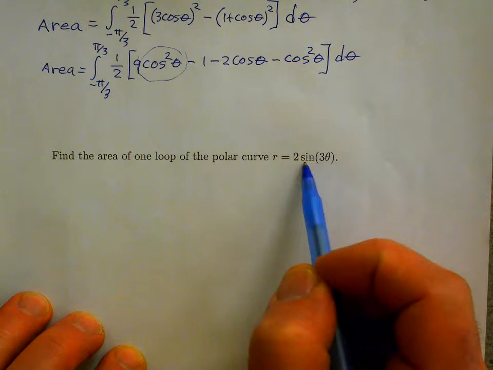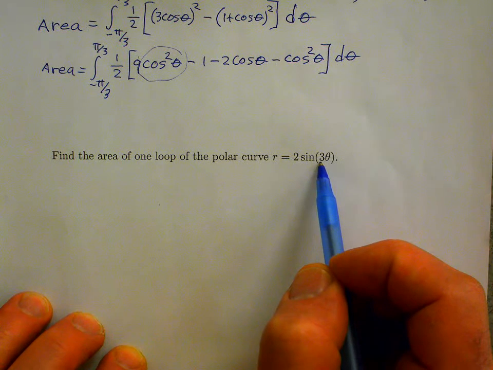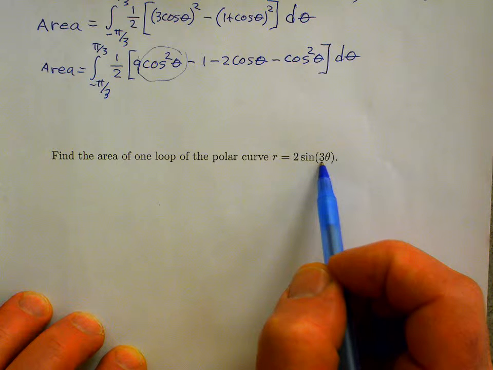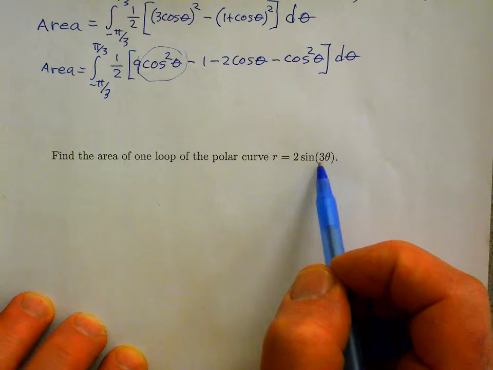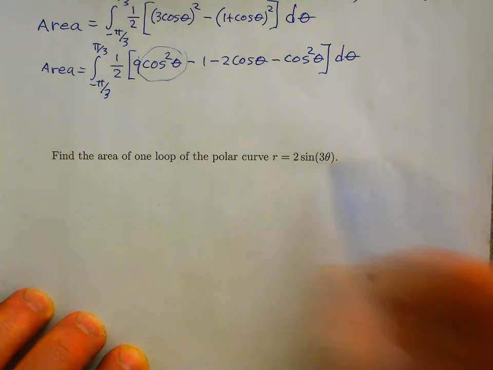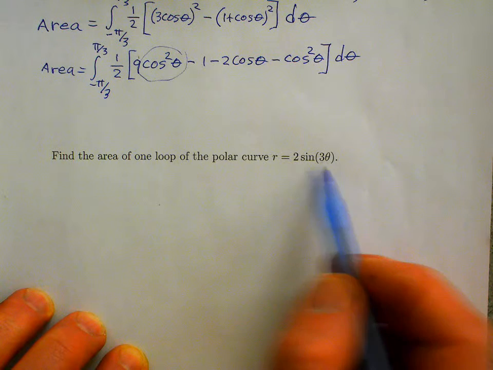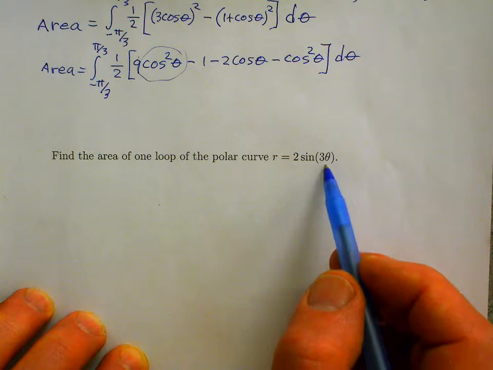When you have sine of some positive integer times theta, if the positive integer is odd, then that will be the number of loops. So the graph of this will have 3 loops.